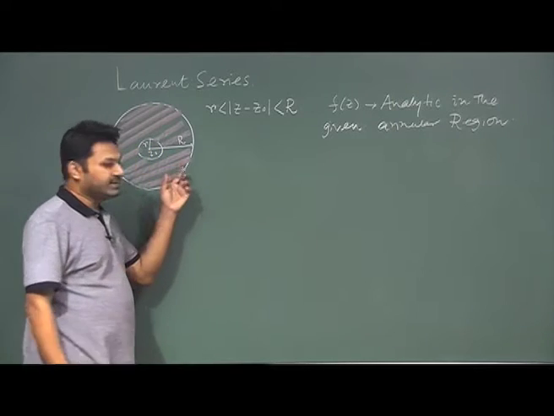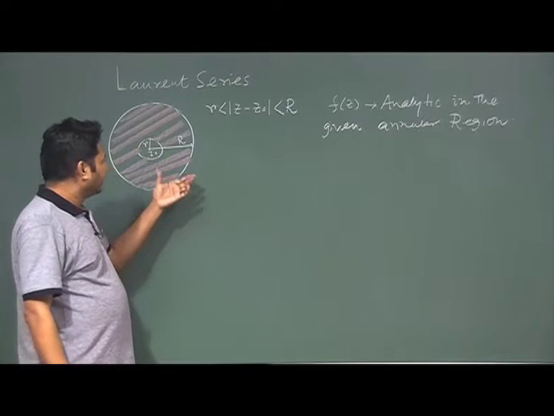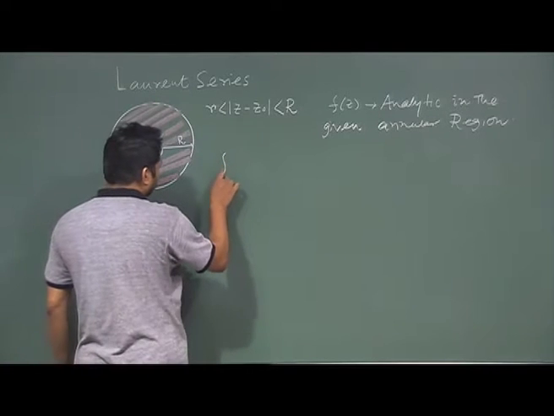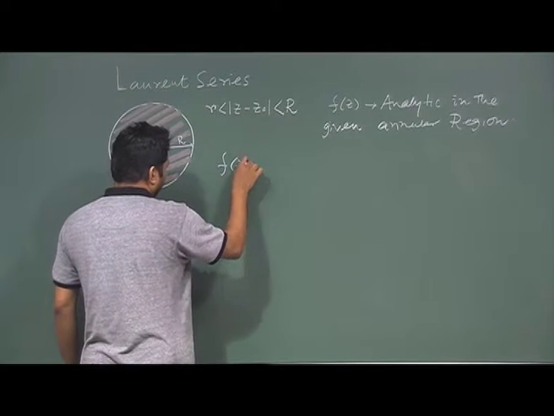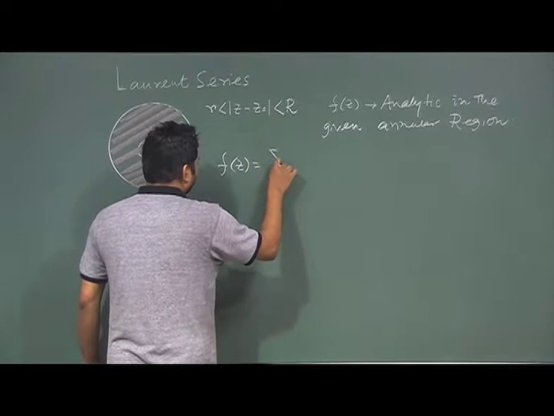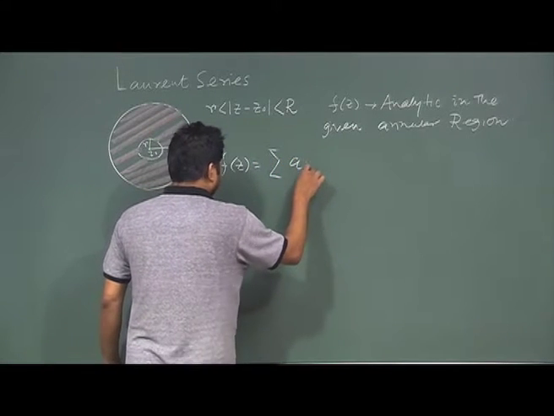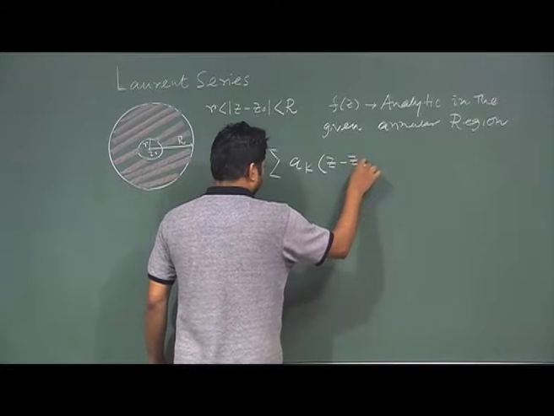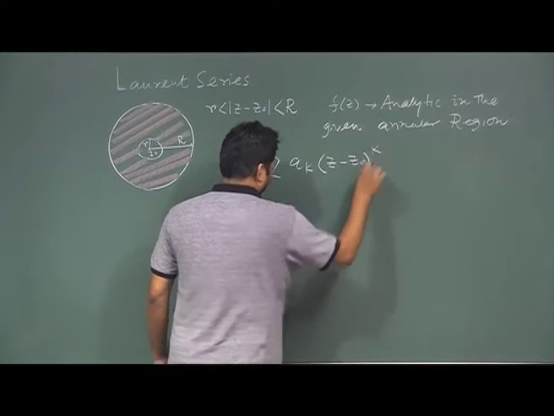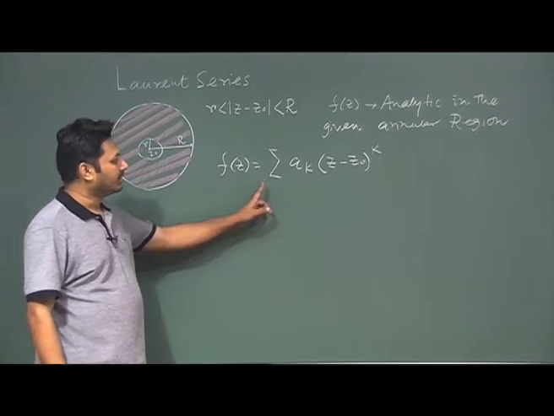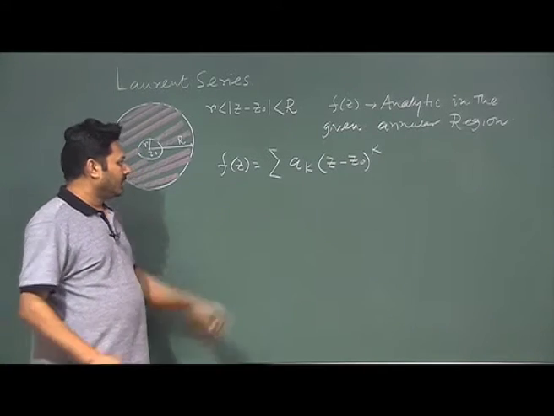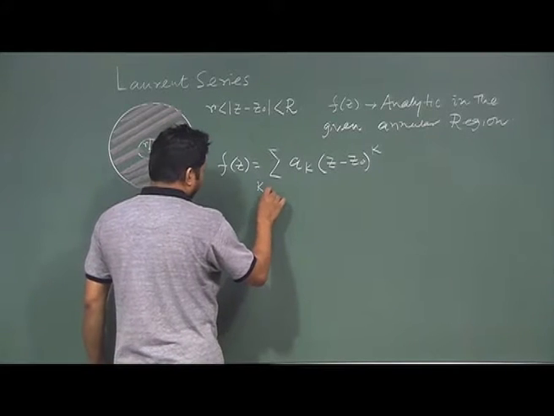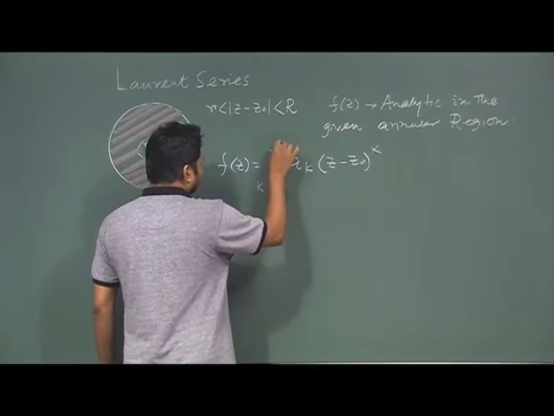When f(z) is analytic in the given annular region, then I can expand this function f(z) also as a power series having the same form like this, where my limit k is something different here, which is minus infinity to infinity.